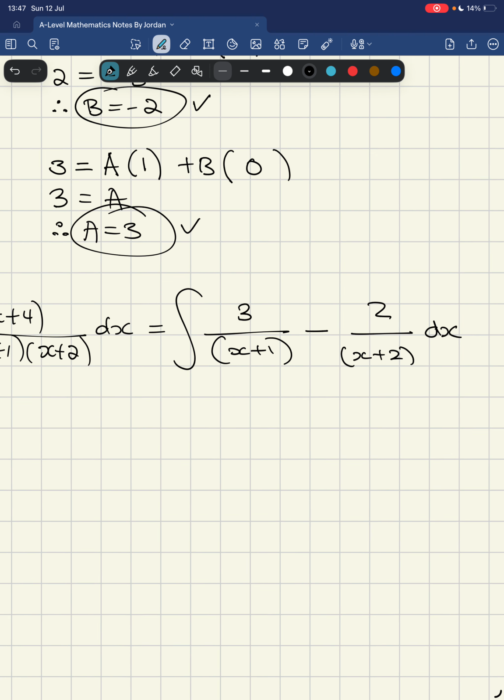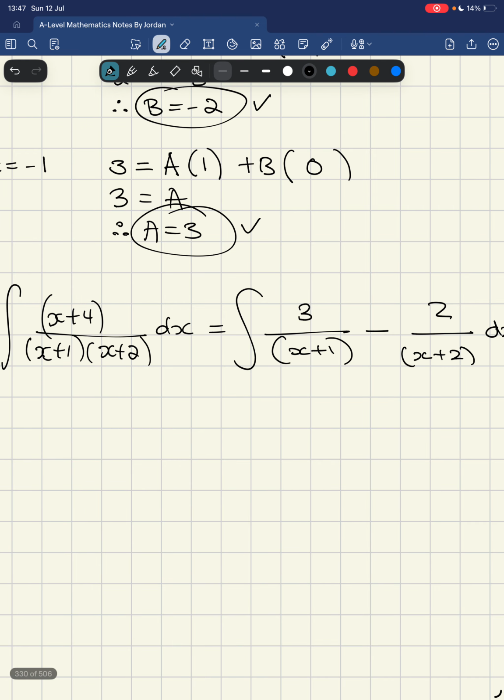Then what we need to remember is our rules here. So when we integrate, this will go to a log natural. I will show you the rule for that. So you can think of it with this one.